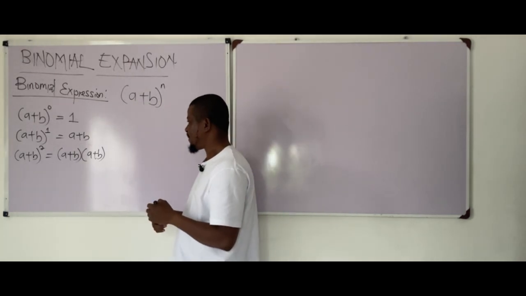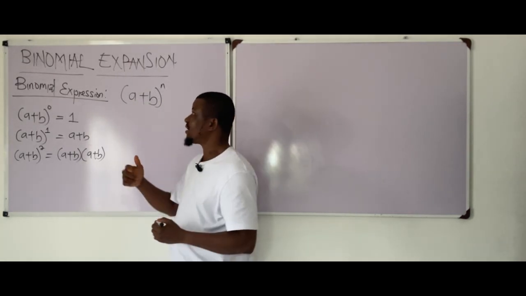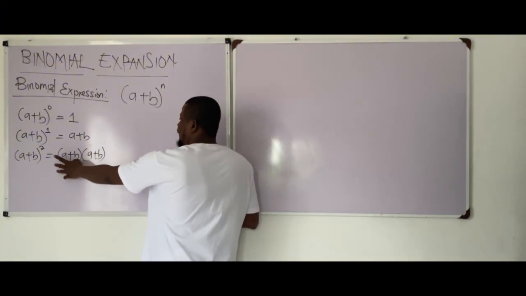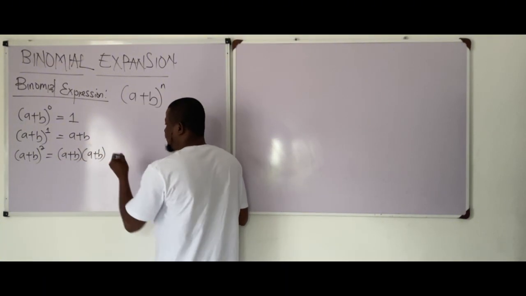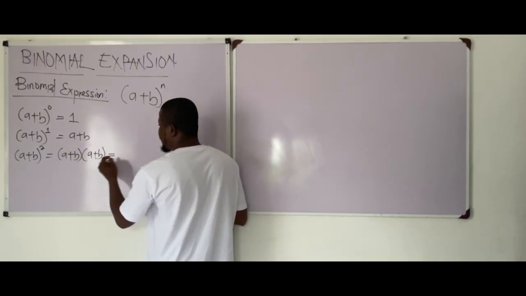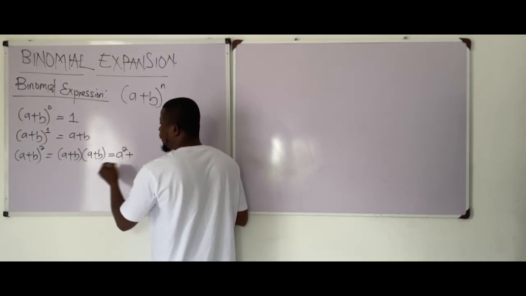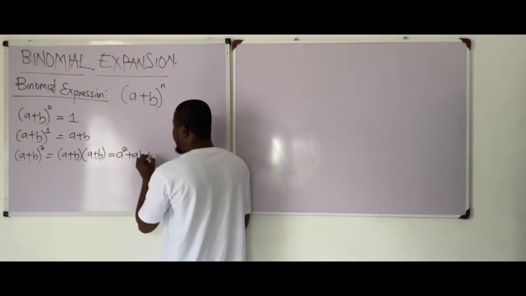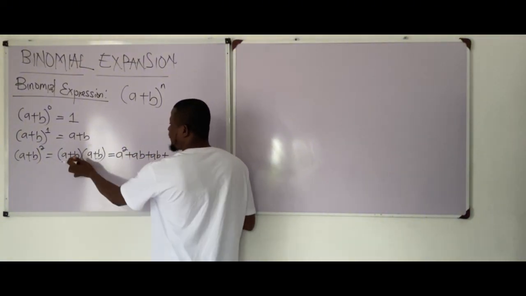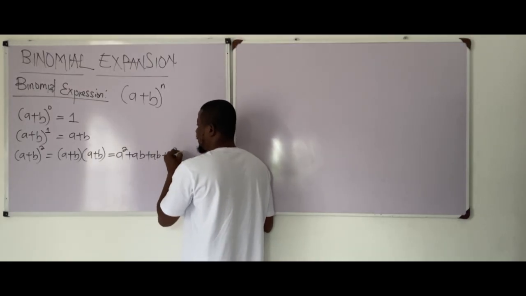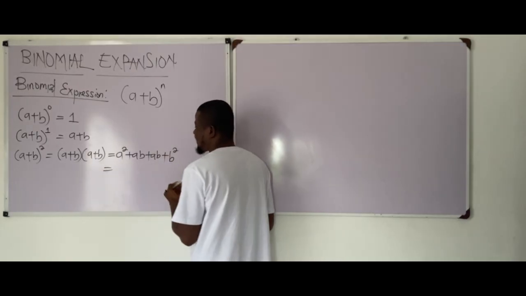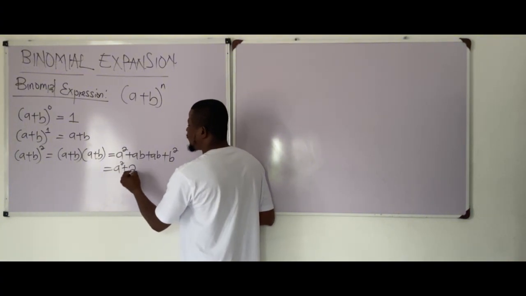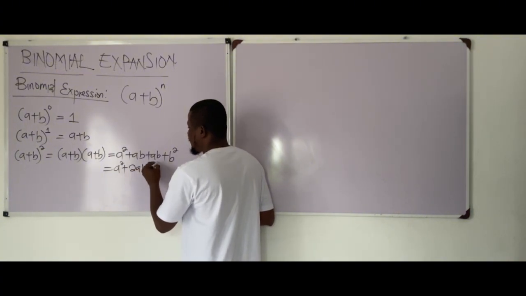I just want to show you the importance of the binomial expansion theorem. a times a gives a squared, plus a times b gives ab, plus b times a gives ab, plus b times b gives b squared. Simplifying, you have a squared plus 2ab plus b squared.